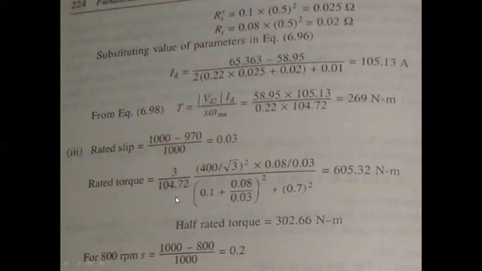The formula is 3 by omega ms into V squared into RR dash by S, divided by RR dash by S plus RR whole square plus XS plus XR dash whole square. From this we have to calculate the rated torque, and from this we have to take half the rated torque.